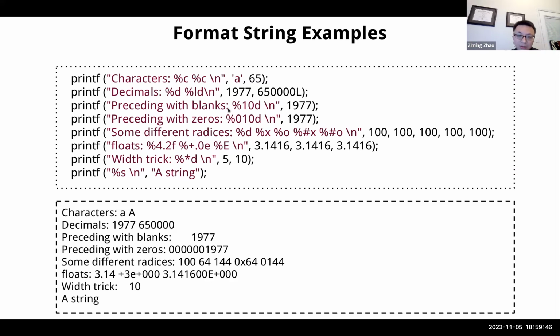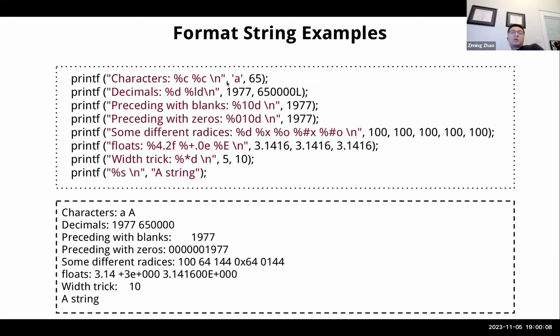Also note that before the colon and the percent sign, there is another white space, right? That white space is also printed out here. So between the colon and the 1977, there are actually 7 white spaces.